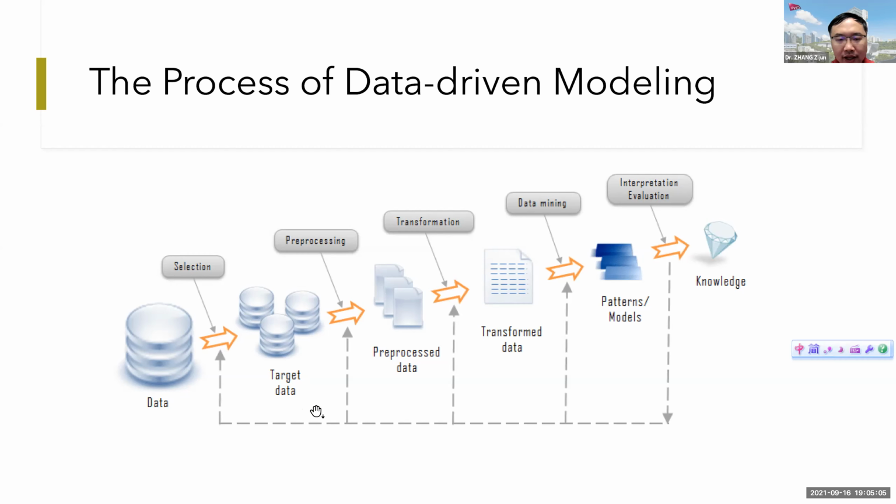We need to select our target data, do the pre-processing, and do the data transformation and feature selection. Later we apply the data mining algorithms to identify patterns and develop models, okay? Then by using those models, we are able to do some interpretation and perform some evaluation, okay?